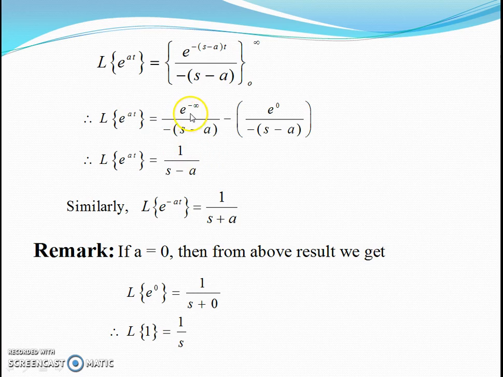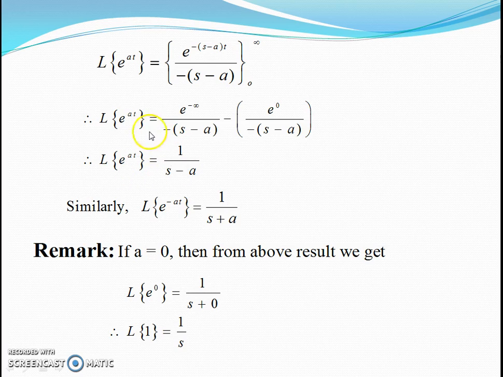But we know that the value of e raised to minus infinity is 0 and the value of e raised to 0 is 1. So the Laplace transform of e raised to at equals 1 upon s minus a. This is the standard formula of Laplace transform of the function e raised to at.